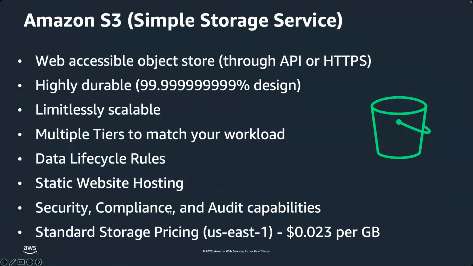And then you have a lot of security, compliance, and audit capabilities, which we're also going to check out soon. And this doesn't really matter. It's just the standard storage pricing for US East 1. This is a region. You have regions in AWS, and we have different prices for them, but this doesn't really matter right now.